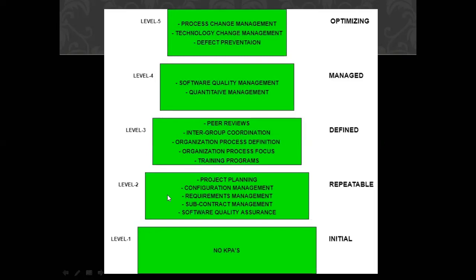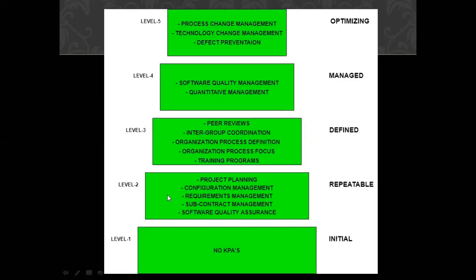So just look at the diagram again and take some 20-30 seconds to see what we have discussed. Level 1 has no key process areas. Level 2 has some key process areas related to a matured level as it gradually increases from level 1 to level 2.